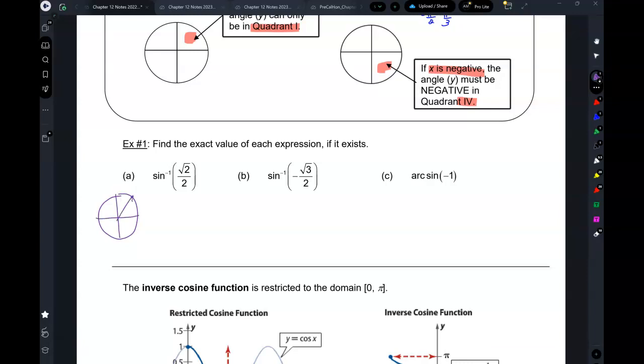What angle? Pi over 4, right? We want to do these in radians. So what angle intercepts the unit circle at a y value of root 2 over 2? That's pi over 4 radians.